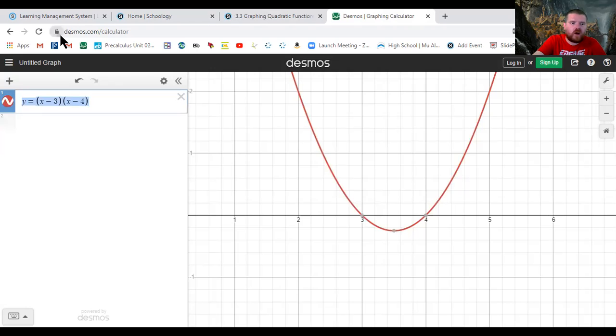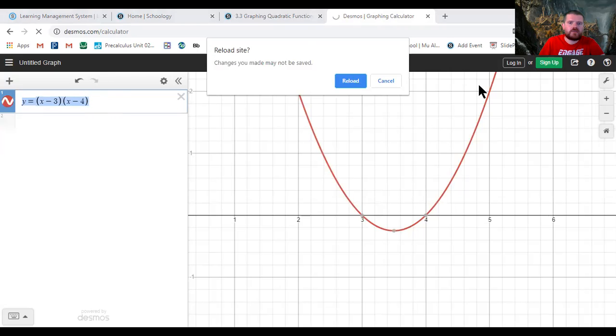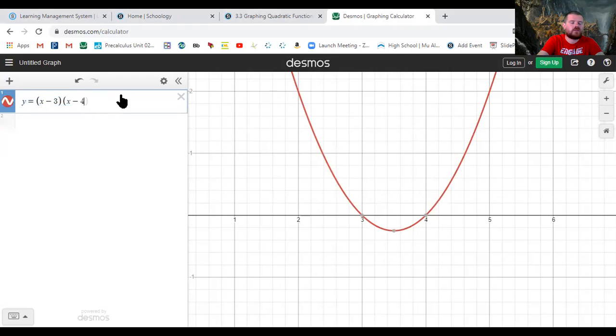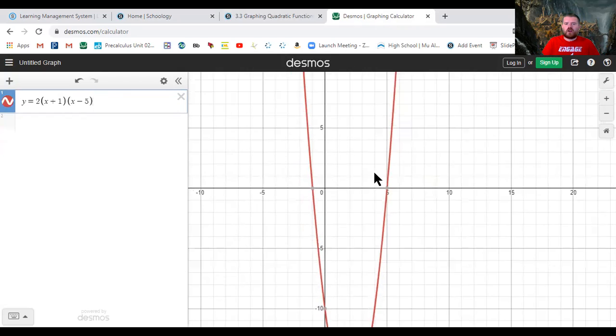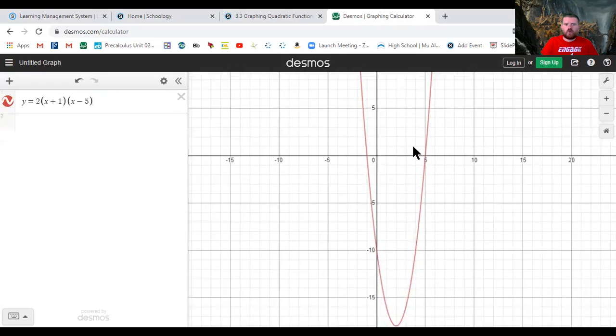Let's look at another example. Y equals 2 times x plus 1 times x minus 5. And remember, you can always zoom in, zoom out to adjust the window setting.